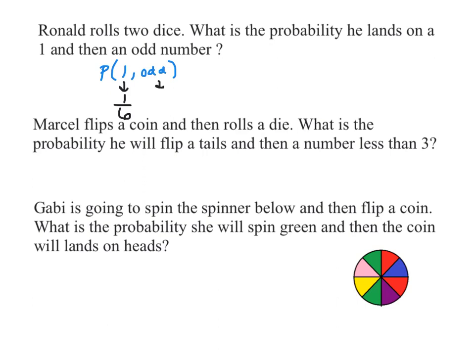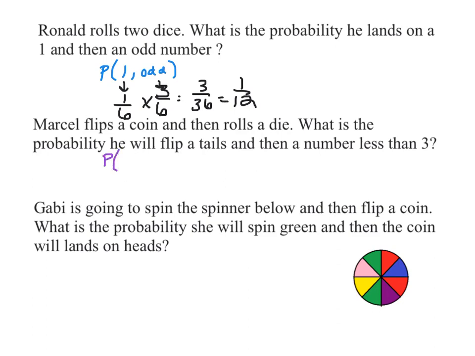When I roll a die, there are still 6 possible numbers, but there are only 3 odd numbers, 1, 3, and 5. I'm going to multiply those together, and we get 3 out of 36 chances, which simplifies to 1/12. We break up our compound probability essentially into 2 simple probabilities.